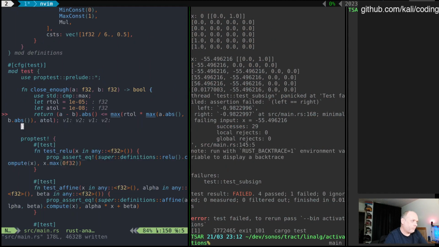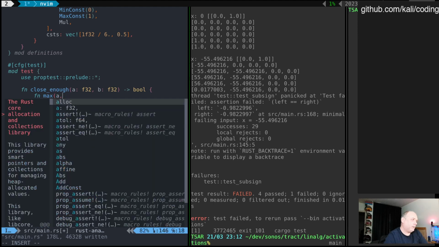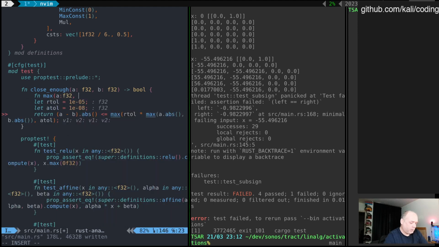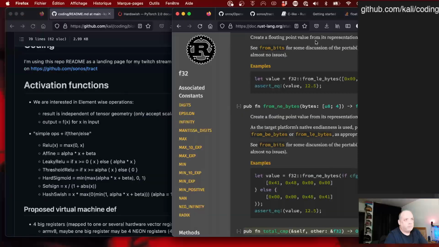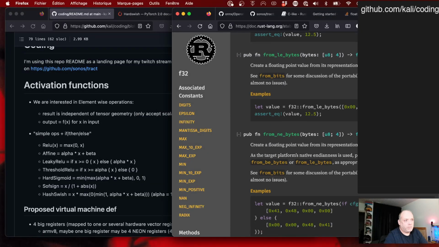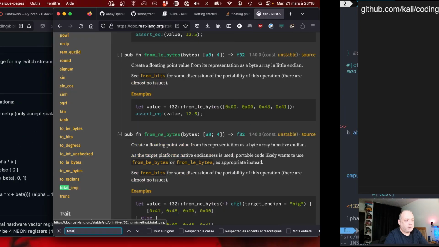Okay. So instead of doing this, I'm going to do max of A F32, B F32 gives F32 if A dot total, how is it called already? Total cmp.